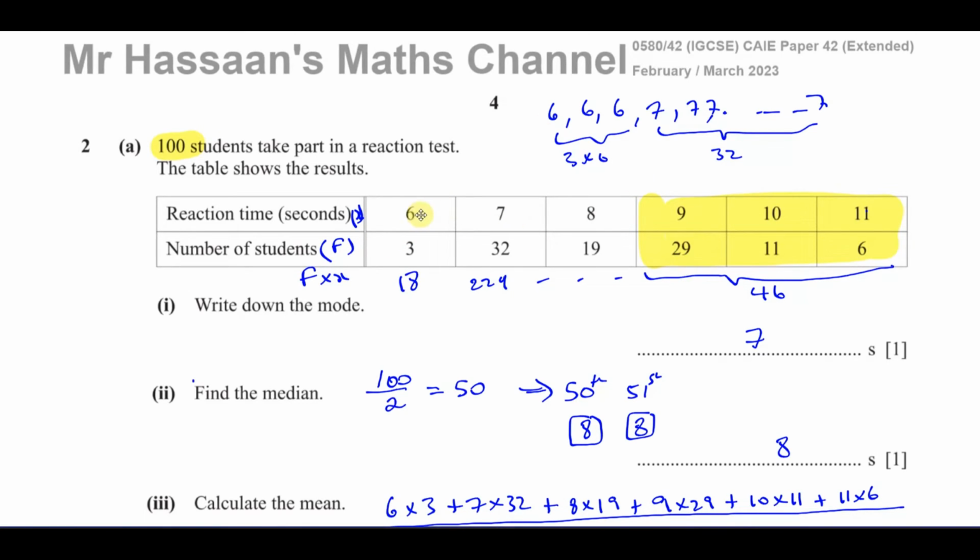We know how many 6s there are, how many 7s there are, how many 8s there are, how many 9s there are. We can write down every single piece of data that was there in the original raw data that we collected, before we made the table. We can bring the data back from the table.